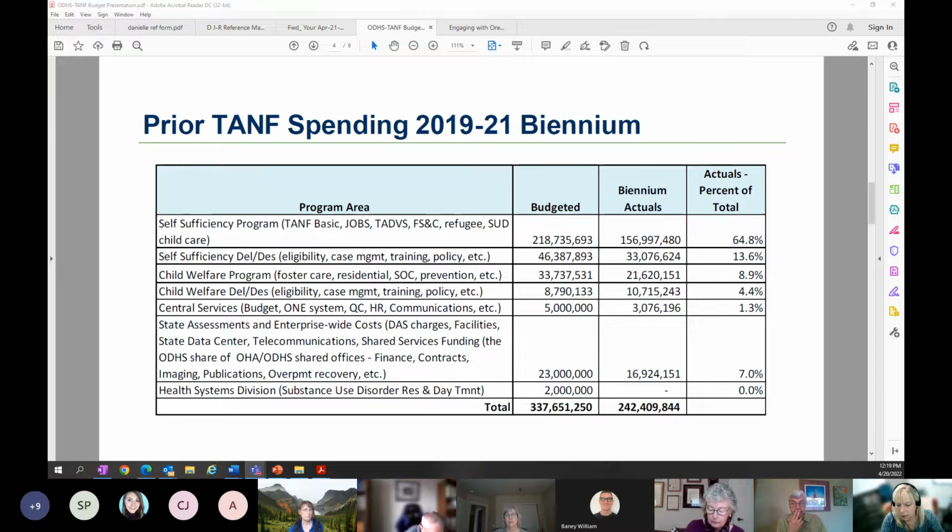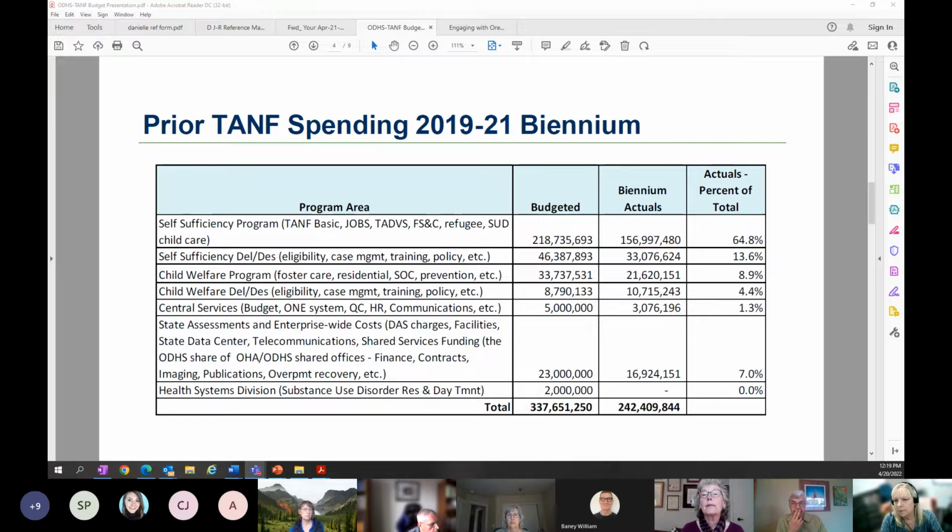There was also about 13% that we spent in the child welfare programs, with the majority of that being on their program side, which includes funding that pays foster parents who are taking care of foster kids, and residential. Some kids are in residential group home settings.